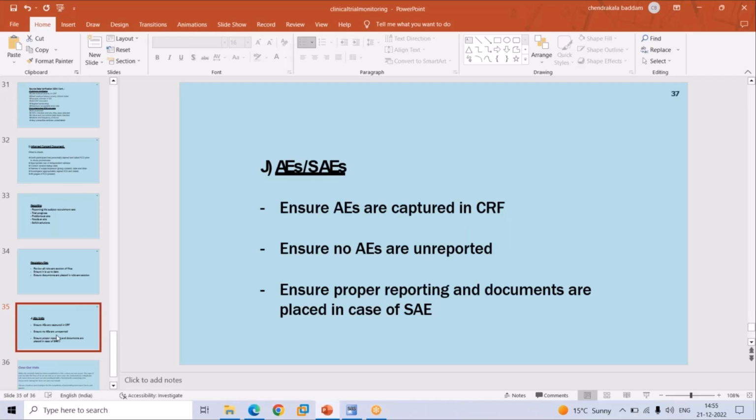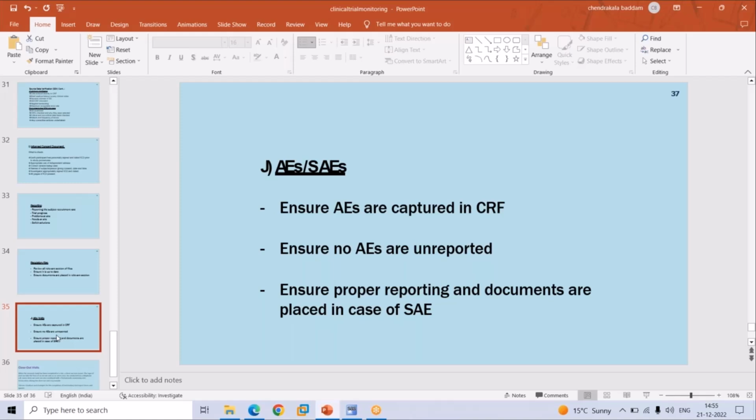About SAEs and AEs. AE is the adverse event, SAE is the serious adverse event. Ensure AEs are captured in the CRF. Ensure no AEs are unreported.